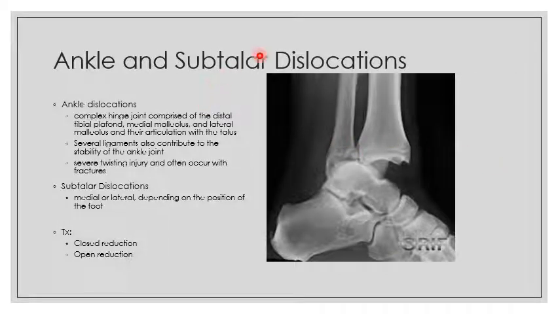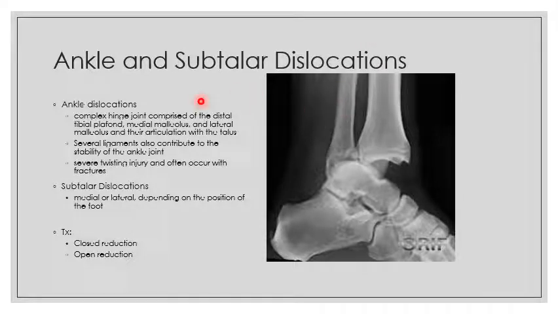So several ligaments contribute to the stability of the ankle, particularly your deltoid ligament medially and the syndesmotic ligaments between the tibia and fibula. And you have your anterior talofibular, your posterior talofibular, and calcaneofibular ligaments laterally.